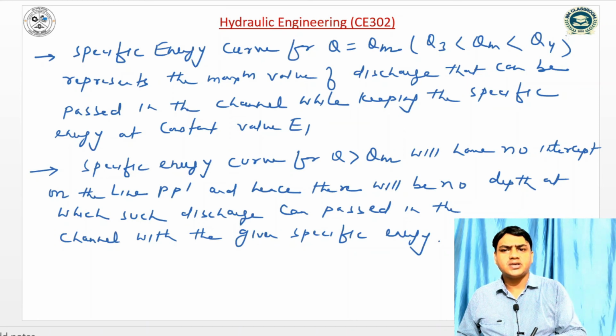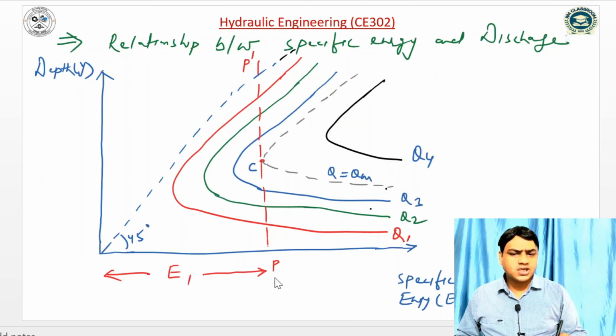We can see that at specific energy E1, Q equal to Qm is the maximum discharge at which one depth of flow is possible. If I draw a discharge curve greater than Qm, then there is no intercept on that specific energy curve.